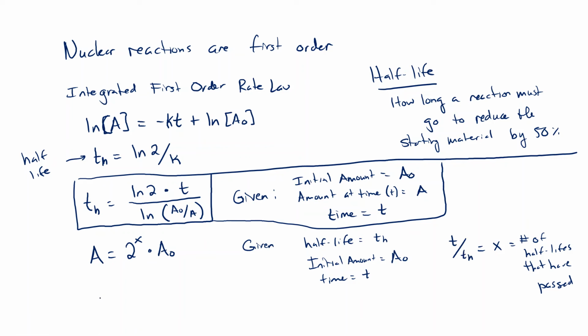Then we can reverse this formula also and find out the initial amount if we know how much of our stuff we have left. If we know how many half-lives have occurred, and we know how much material we have after a certain amount of time, we can tell how much we started with. So if you're given A instead of A naught, you can also solve these. These are the three main equations that we're going to use to calculate things related to the half-life of nuclear reactions.